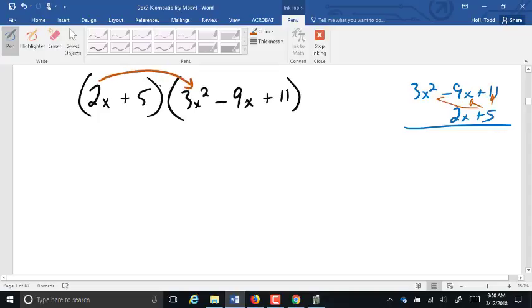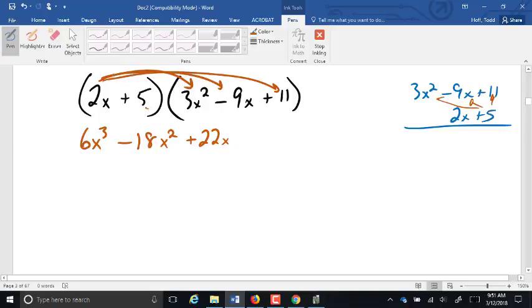It's just 2x times 3x squared, which is 6x to the third. 2x times negative 9x is negative 18x squared. 2x times 11 is 22x.